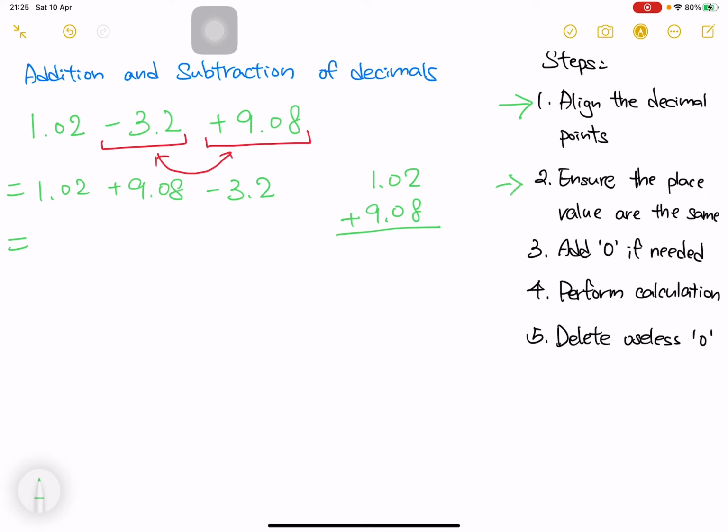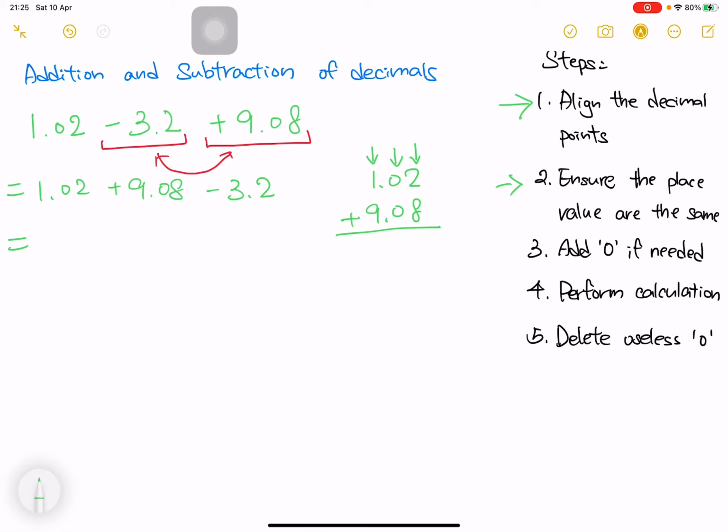I have to ensure that the place values are the same. What does it mean? The unit place is added with the unit place, the tenth place is added with the tenth place, the hundredth place is added with the hundredth place. So if I check this, they are correct, and I can do my calculation right here.